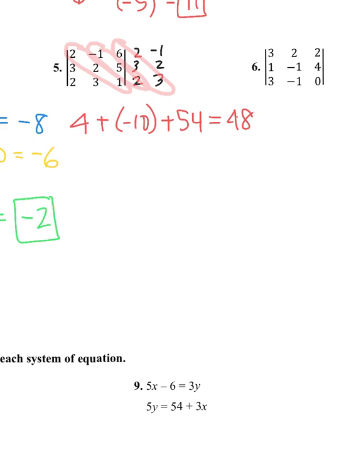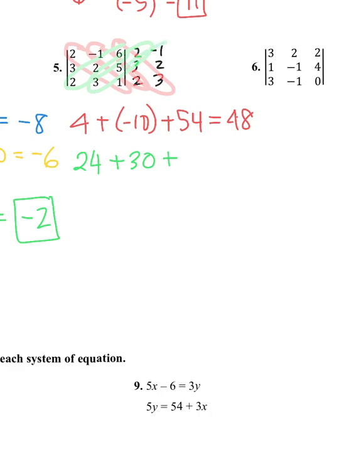Okay, let's try it going the other way. So I have 2, 2, 6, so that gets me 24. I'm going to add that with the 2, 5, and 3, giving me 30.